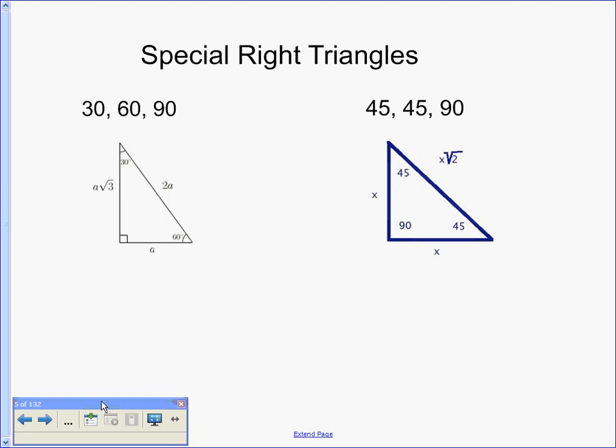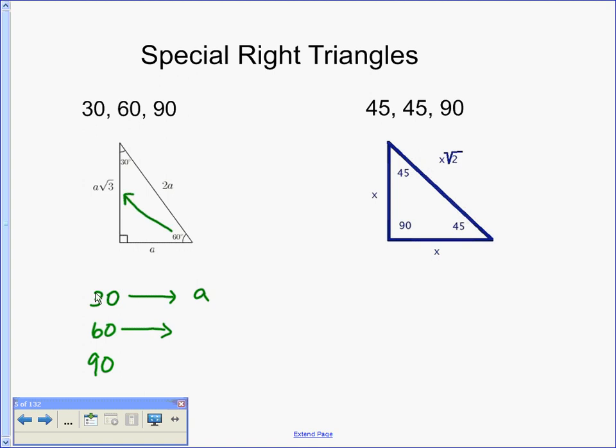Now, if you see this triangle here on the left side, then you see a 30-60-90 triangle. And if I have a 30-60-90 triangle, then I like to look at it like this. Opposite the 30-degree angle is going to be your smallest side, your shortest side, because it is the smallest angle. So opposite the 30, we call that one A. Now, if that's A, then our middle length side is going to be opposite our 60.